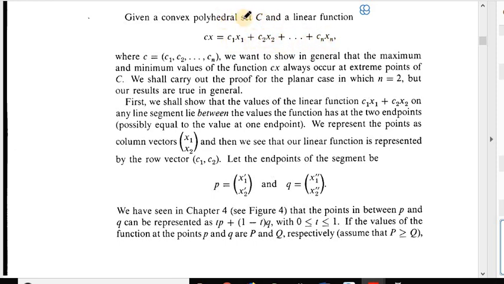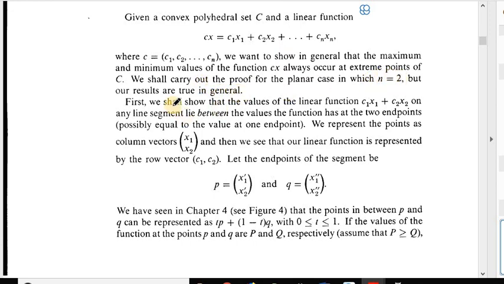This convex polyhedral set must be in n dimensions. N-dimensional convex polyhedral set and a linear function. You want to show that the maximum and minimum values of this linear function will always occur at extreme points of C. And of course, it's better to start with the easier case. So we carry out the proof for the planar case where n equals 2, but our results are true in general.